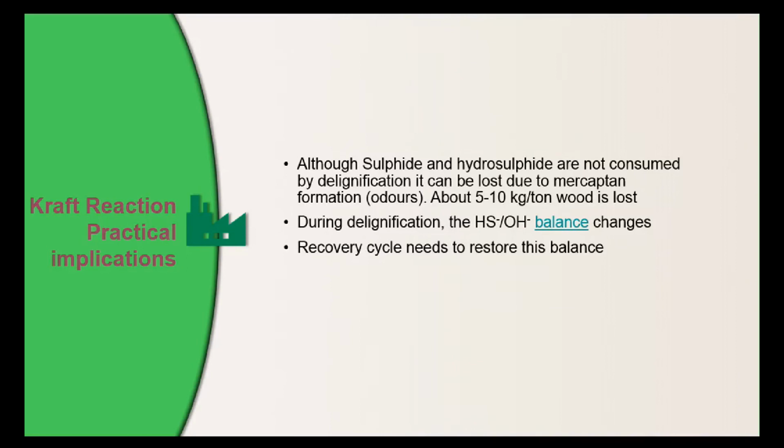And this means that when we later on will be talking about the recovery of our white liquor chemicals, we will now have to restore this balance between the amount of SH- and OH-, and that means that we will have to try and regain the correct percentage of sulfidity.